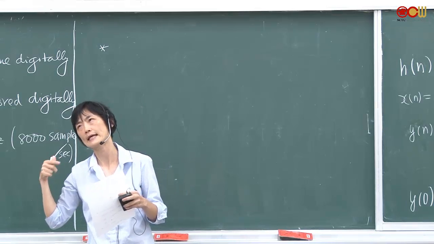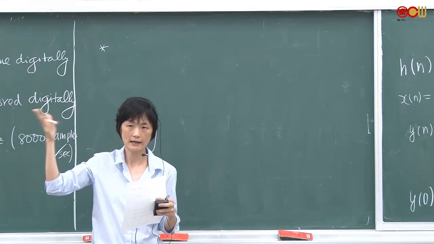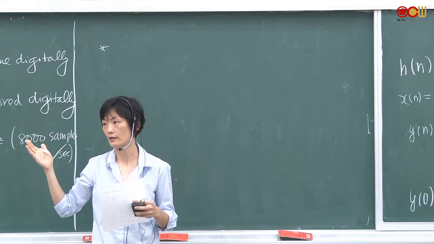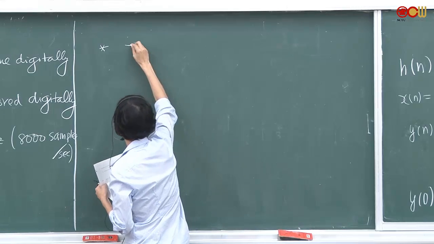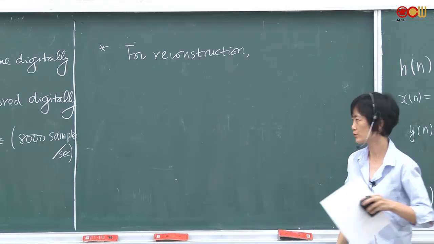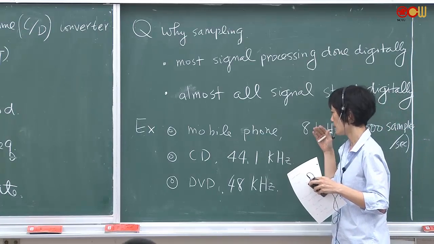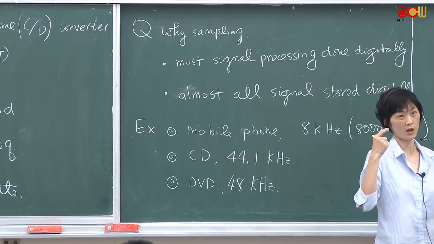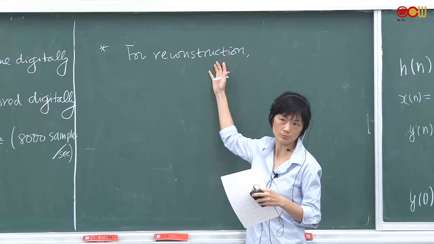For example, if we sample our voice, we want to send our voice out to somebody else so that another person can hear it, right? So for reconstruction, like you said, we use a different sampling rate because we want quality, right?